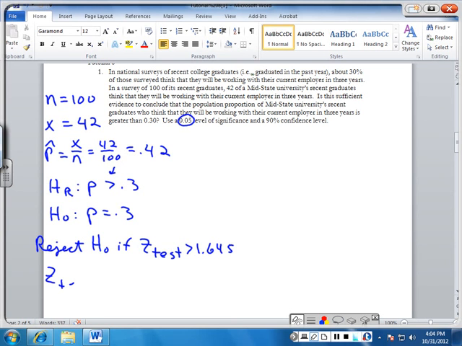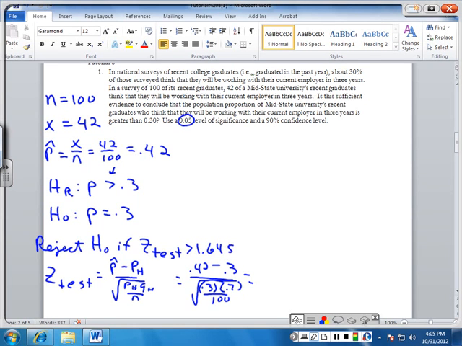And the z-test is equal to the statistic minus the hypothesized parameter over the standard error. So the statistic was 0.42, the sample proportion, minus the hypothesized parameter, which is 0.3, and divide by the square root of 0.3 times 1 minus that, 0.7, over 100, and you should get 2.62, which is greater than 1.645.